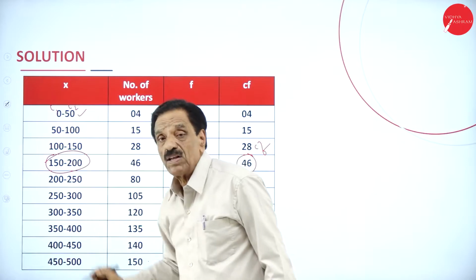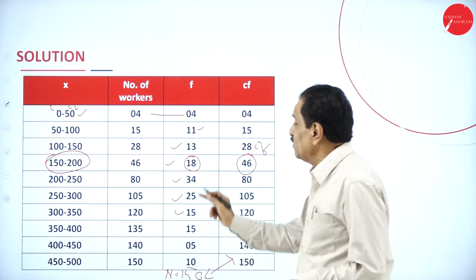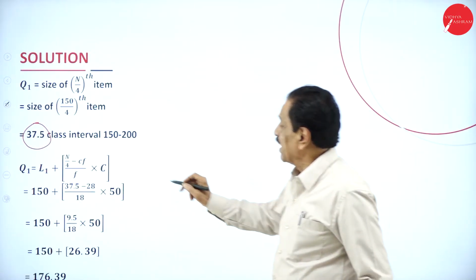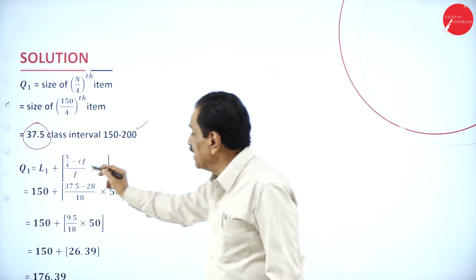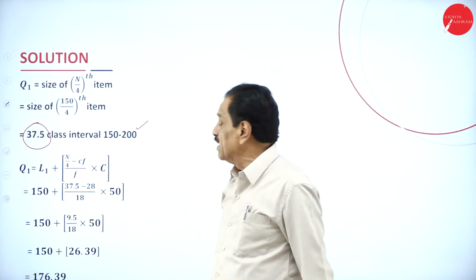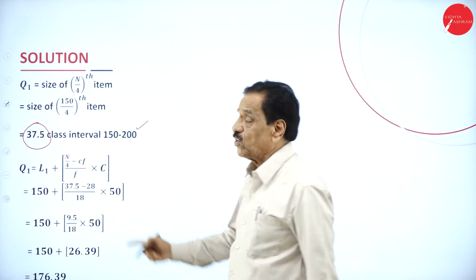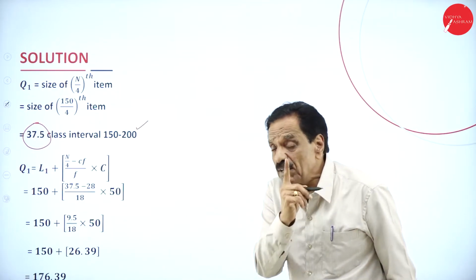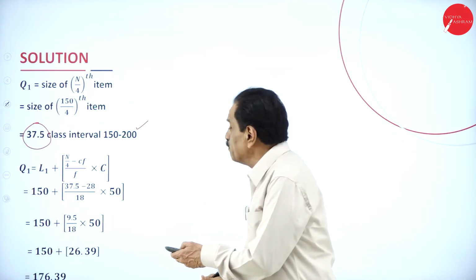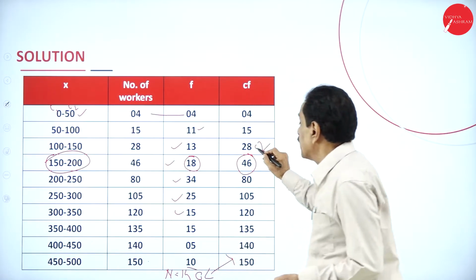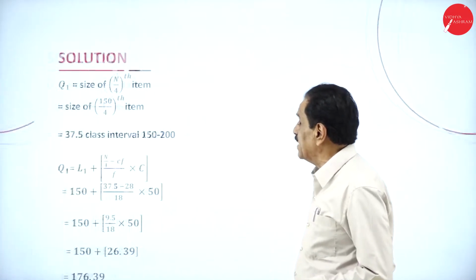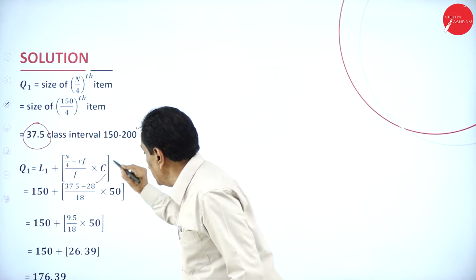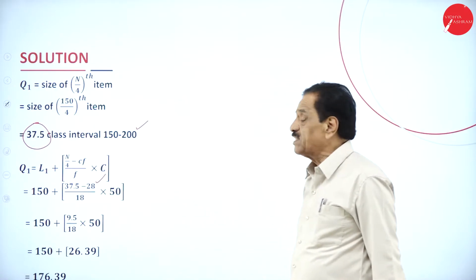Your class is 150 to 200. I will show you. Q1: L1, the lower limit, is 150, plus what's your n by 4? You calculated 37.5. The CF behind it, you can see, is how much? 28, divided by the frequency 18.